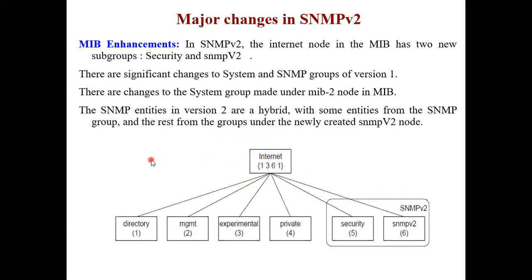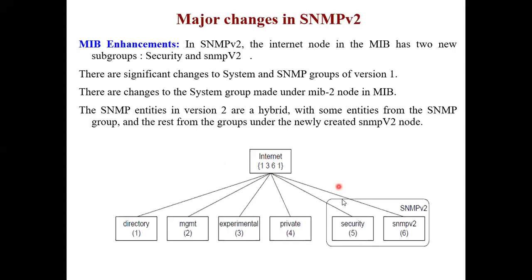If you are comparing version 1 and version 2, these are very detailed things which students should explain. I have hardly seen papers where students explain this exactly, because this comparison question has come up many times. They just write MIB enhancement, and sometimes they don't even write it, because they just write good, better, best.